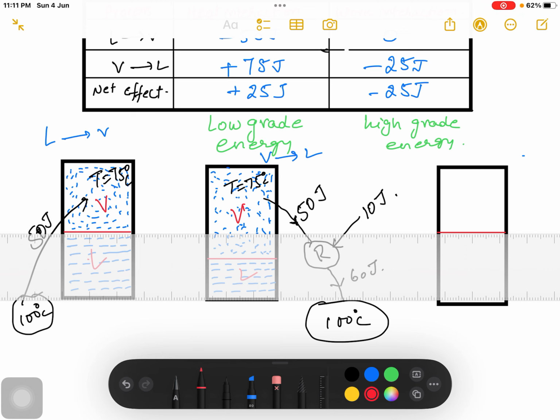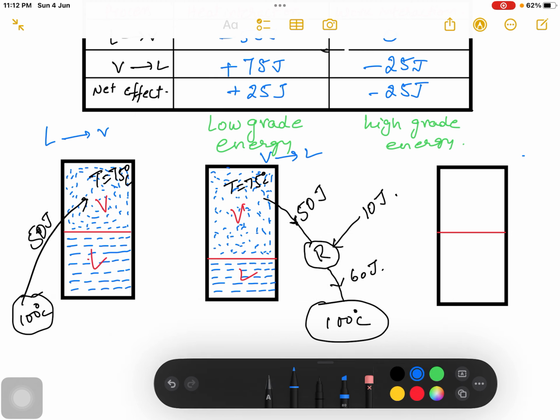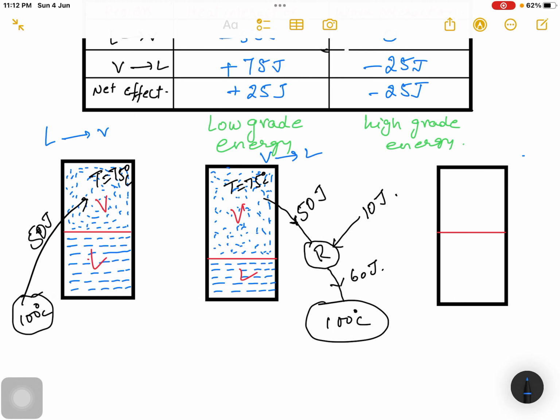This is again an externally irreversible process.